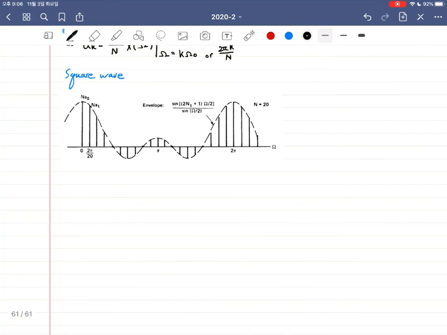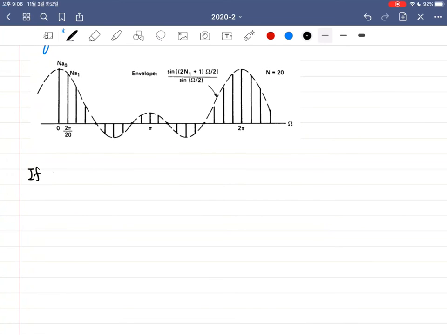And also, if x tilde is periodic, then we can represent it by the Fourier transform.